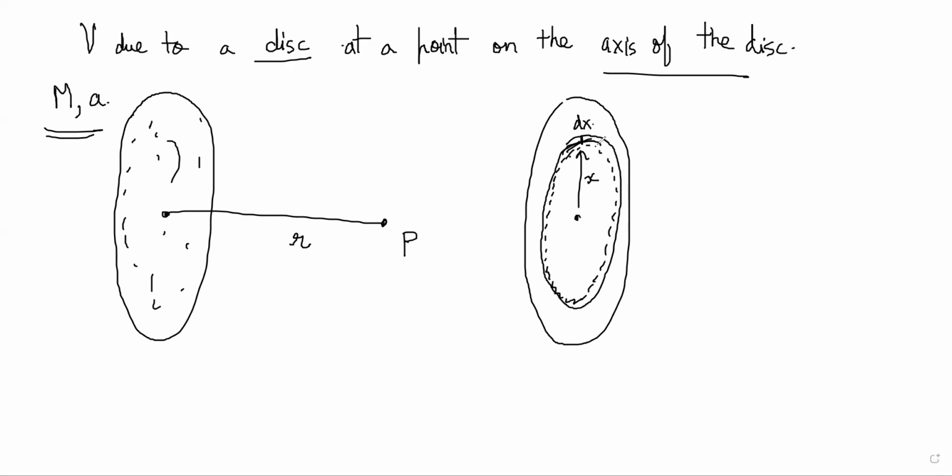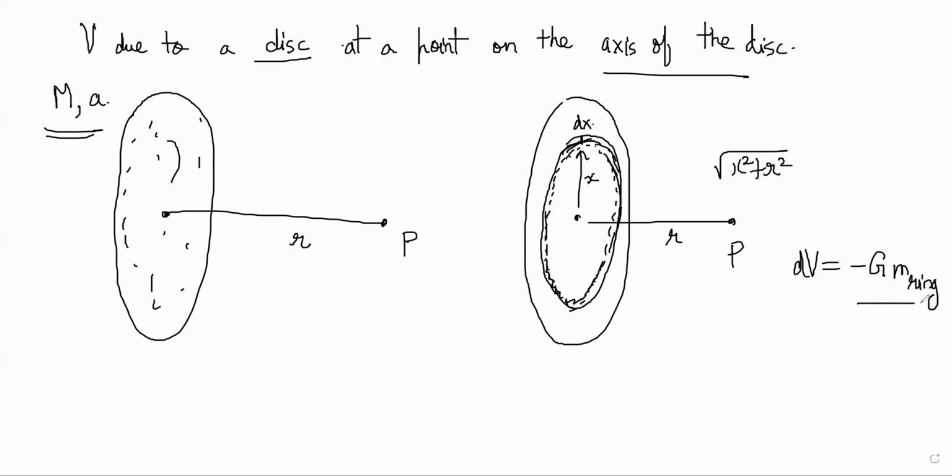So we'll have a mass which will be like a ring mass. And the distance of that point from the ring mass here is root over x squared plus r squared. So the potential due to this ring would be dV equal to minus G, whatever is the mass of the ring, divided by root over x squared plus r squared, according to the previous formula.